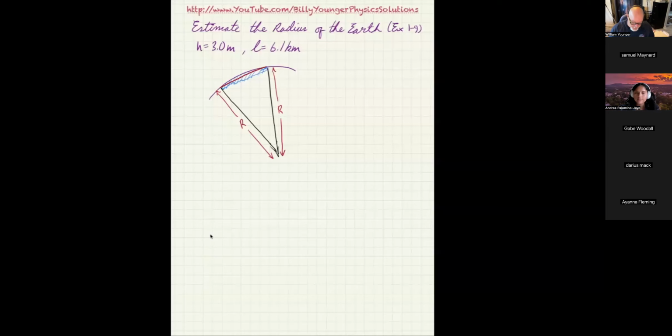So this is the drawing I have. It should pop up. There it is. The purple line is the surface of the Earth. And then this is supposed to be the lake. And this length right here is the L that we're talking about.